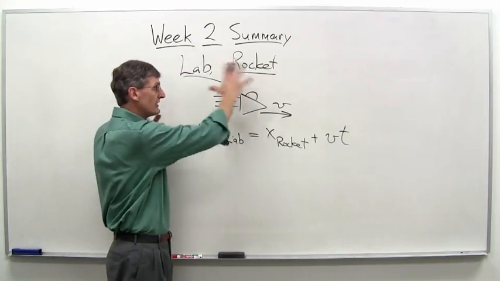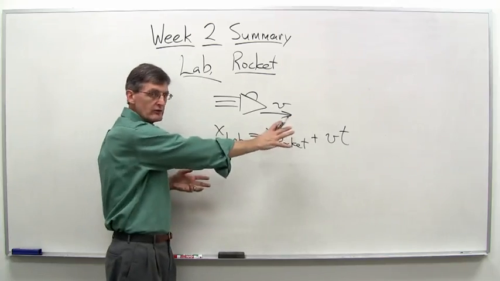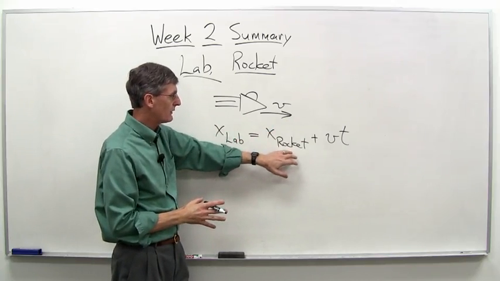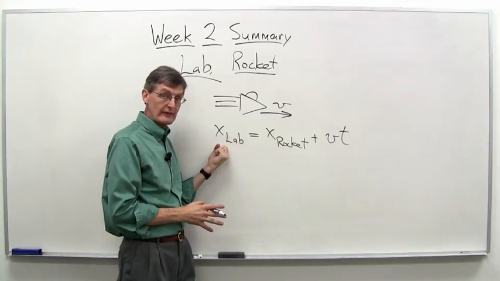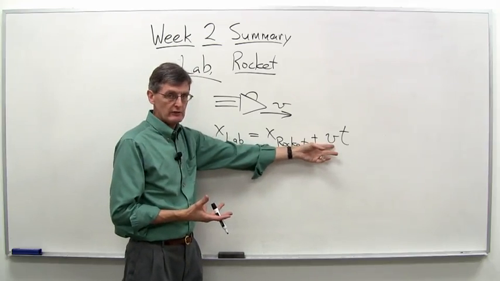So if you remember this basic situation, lab frame, a rocket moving to the right, here's the Galilean transformation. If I measure something in the rocket frame and I need to find out what the location is in the lab frame, the stationary frame in our example, you just add vt to it.